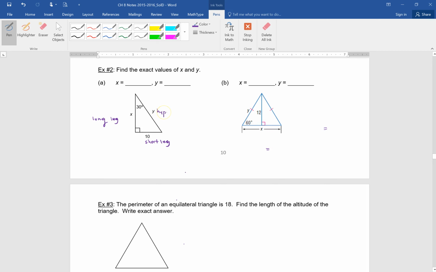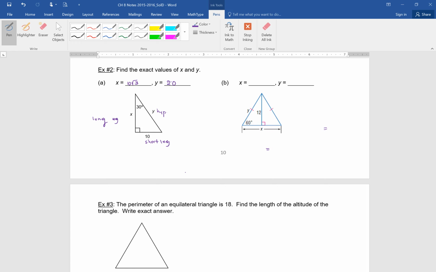All right? So now, we know that if the short leg is 10, then the other leg is how much? 10 root 3. And the hypotenuse is 20. Okay? So it's always n radical 3 to n. A radical 3 to a. X radical 3 to x.